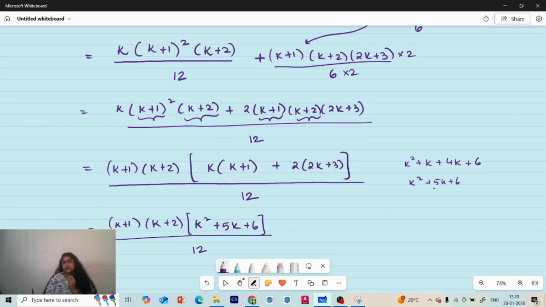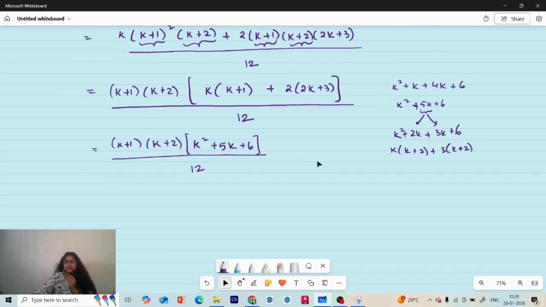Now this can be factorized by splitting the middle term kada. We can take the factors as 2k and 3k, okay, and then split them up. K common this sum, k into k plus 2 plus 3 into k plus 2. So you'll end up getting k plus 2 into k plus 3. So that's what we are going to write.